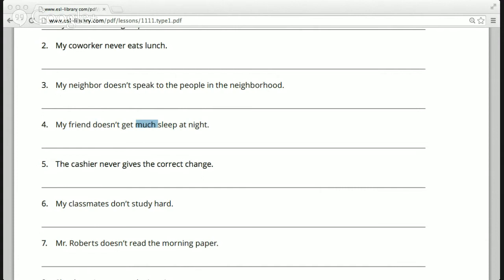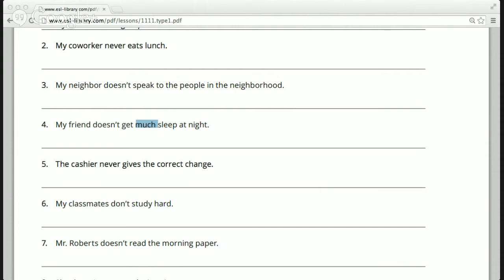The cashier should never... Nope. We're going to take out never, because if you say should never give the correct change, you say that should never be done. But we want to say that they need to give the correct change, but we want to use should. The cashier should give the correct change.